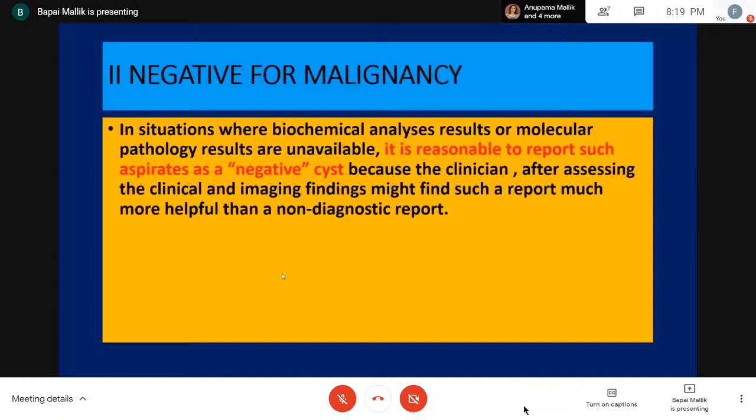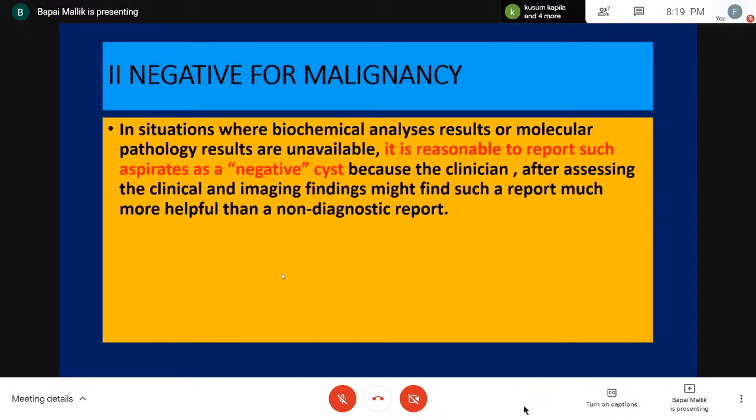What about negative for malignancy? In situations where biochemical analysis results or molecular pathology results are unavailable, this is one thing one has to remember. If you have the biochemical results and molecular pathology, it is very good. But what if you do not have them?